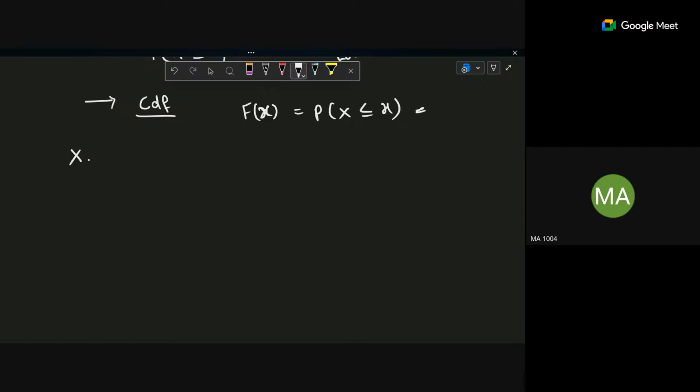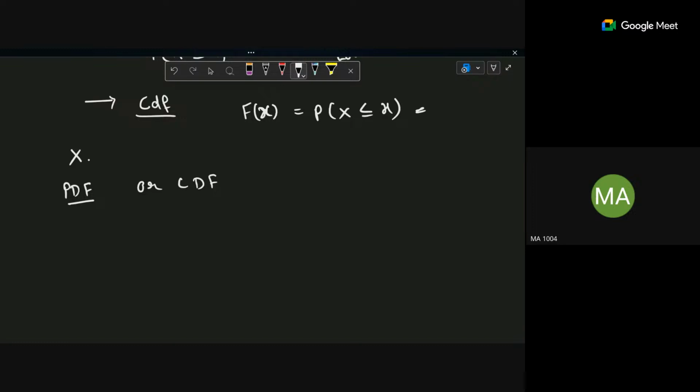I'm using two words, PMF or PDF. Why? Because if your x is a discrete random variable, you have a probability mass function, or let's talk about PDF only, probability density function. You know the PDF or CDF.